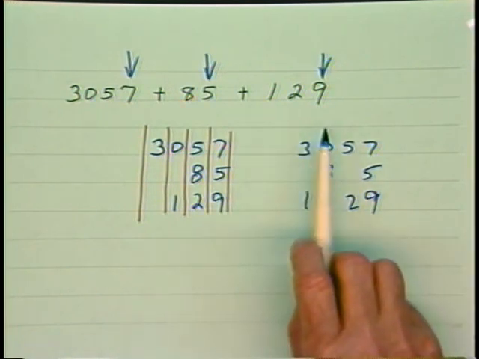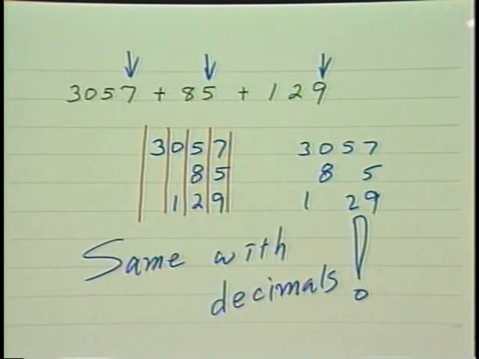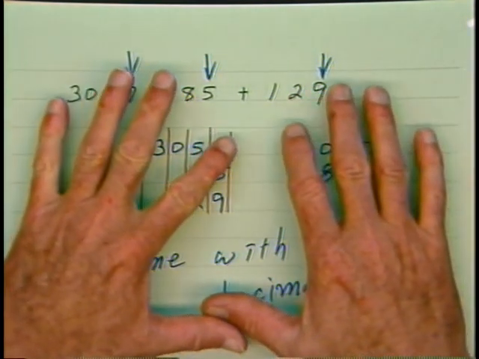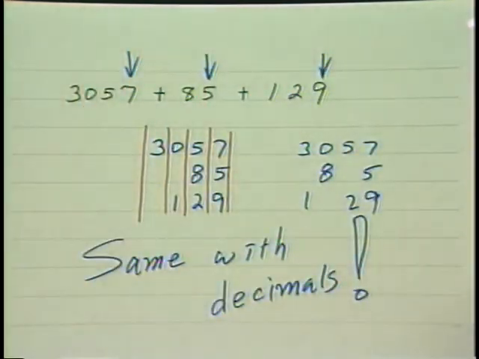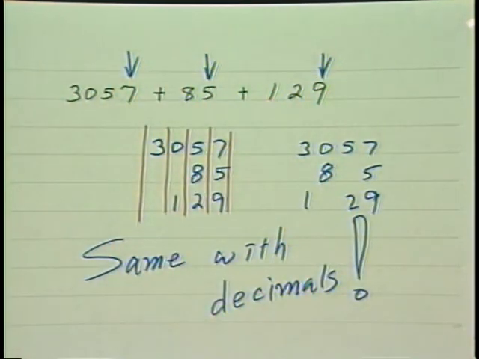I can only add digits from like places. And what we're saying now is it's the same with decimals. That's why in chapter 1 we made such a big deal, and we are now again on place values, because all of the instructions that we give you are in terms, in fact, of place values.